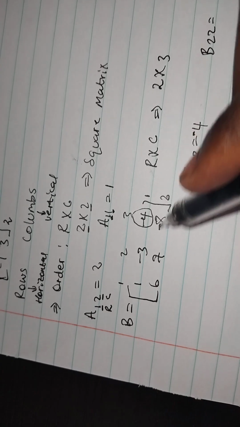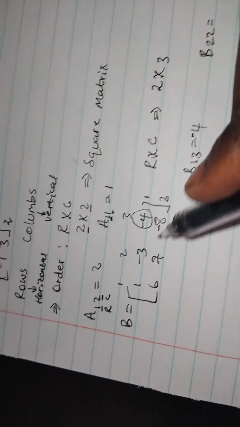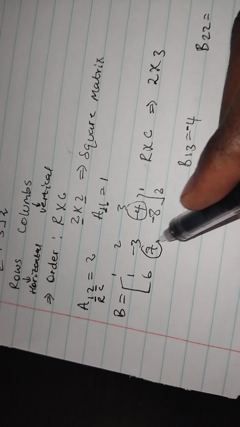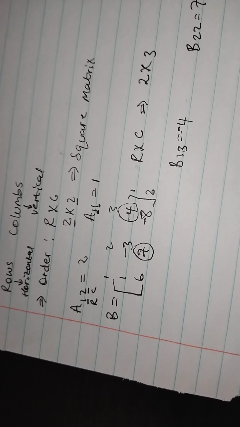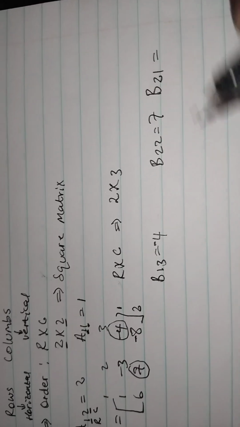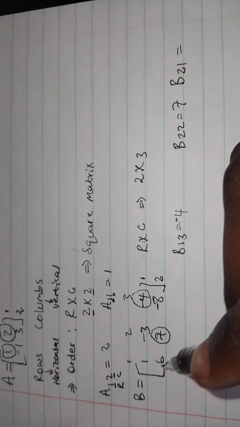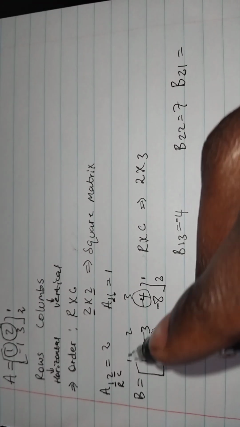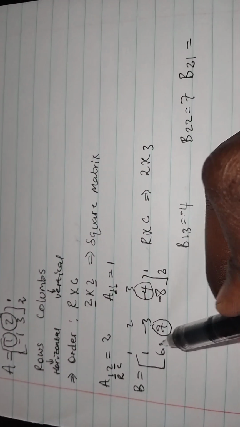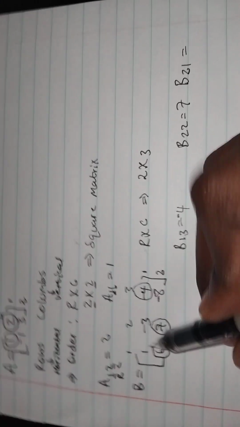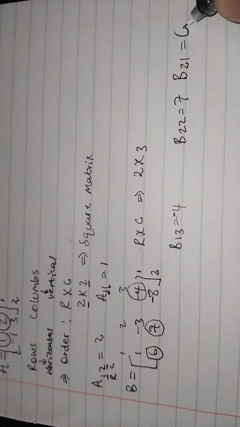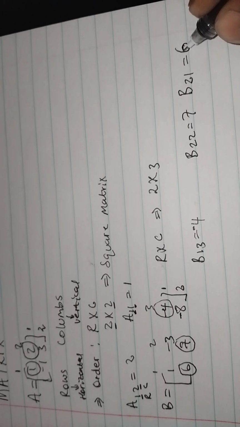Then B22: we go to row 2, column 2. In the intersection we see 7 right there. So B22 is equal to 7. Then B21: we go to row 2, column 1, so we are on this number. B21 is 6. That is basically what is happening.